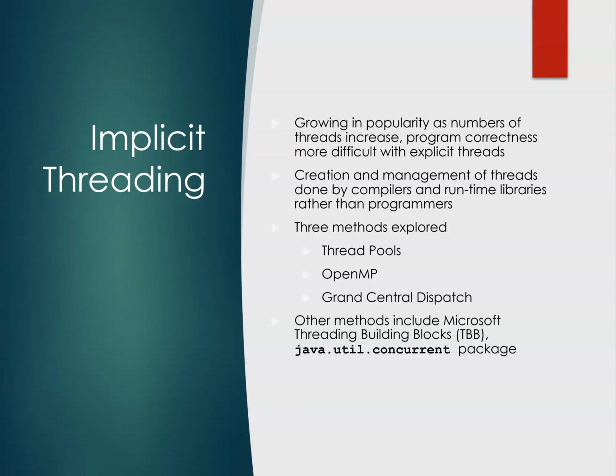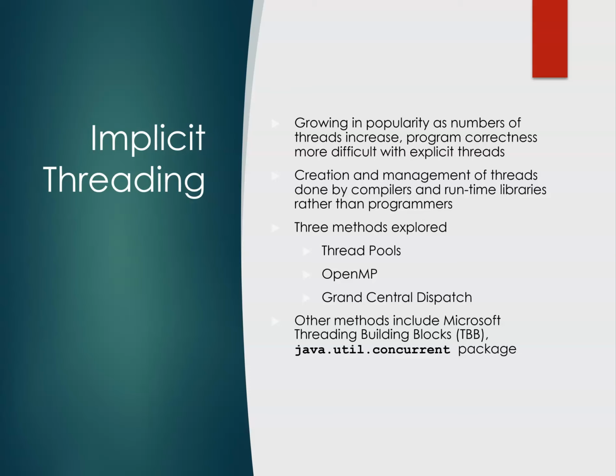So what's becoming more popular is what's called implicit threading. As the number of threads increases, program correctness becomes much more difficult with explicit threads. Creation and management of threads done by compilers and runtime libraries is much easier to use.